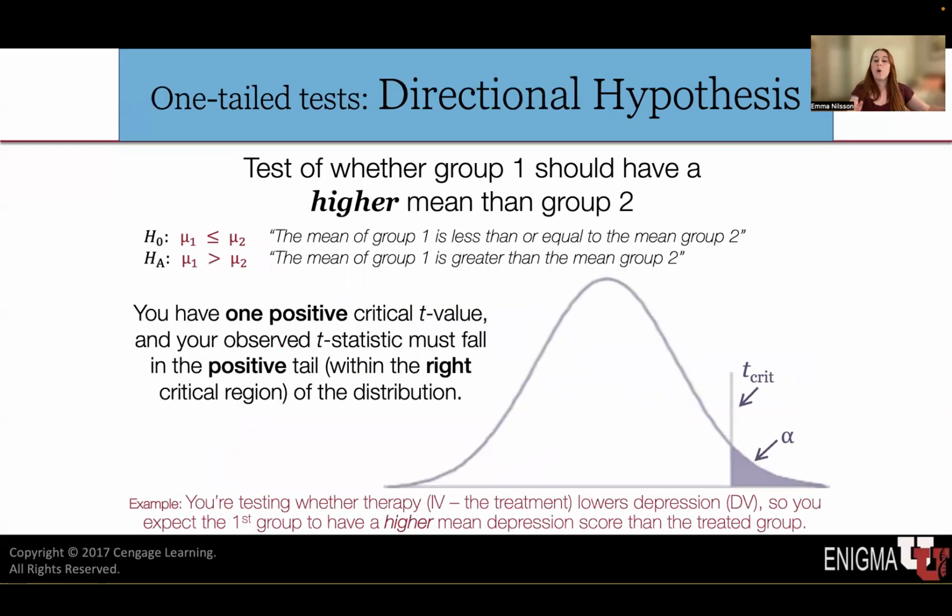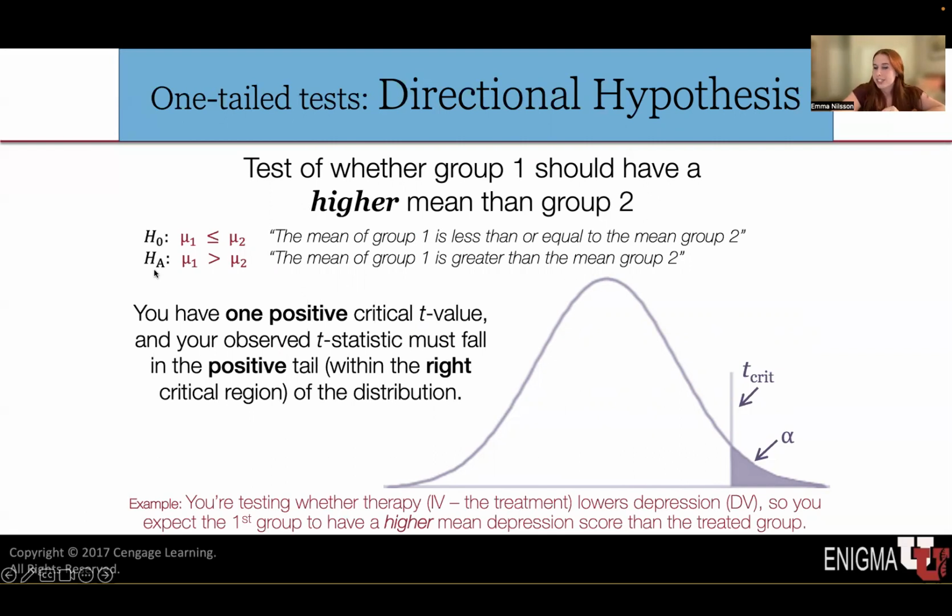One-tailed tests, on the other hand, are not difference hypotheses, but directional hypotheses, because they specify a direction. Let's look at the positive one-tailed test first. When you have a positive one-tailed test, you're testing whether group 1 has a higher mean than group 2, and that order is very important.